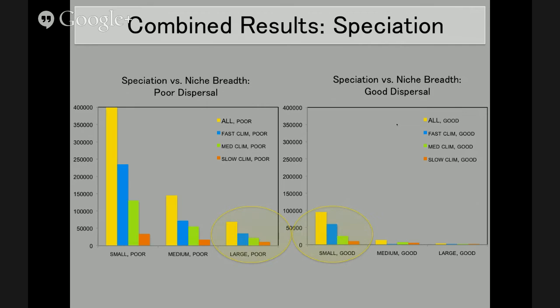And what's interesting, actually, is that we see species with large niche breadths and poor dispersal abilities have qualitatively similar numbers of speciations compared with species with small niche breadths and good dispersal abilities.